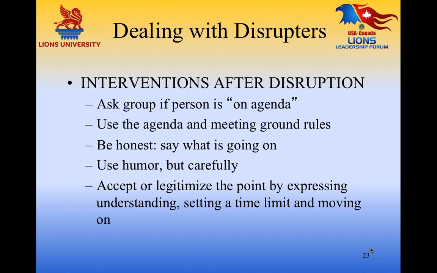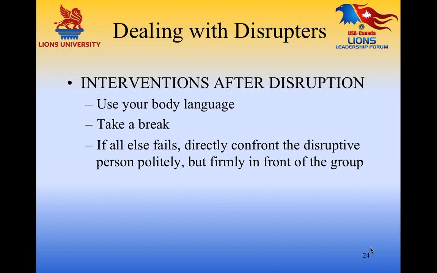I want to hit a couple of examples and then wind up, and hopefully we'll have some time for questions. I want to talk about side conversations. You can actually use several interventions together, maybe separately, to deal with people having side conversations.